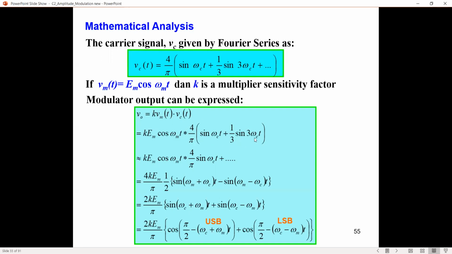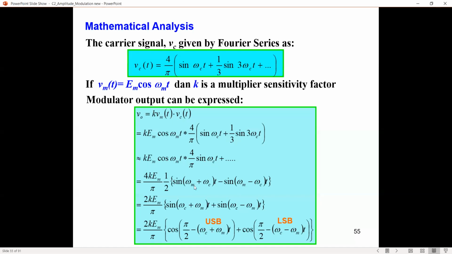Here we use the Fourier series described above. But we again ignore the higher harmonics, because when we have high harmonics, the amplitude will be much less. So we just concentrate on the fundamental frequency at omega c.